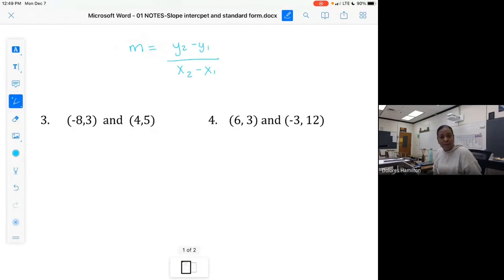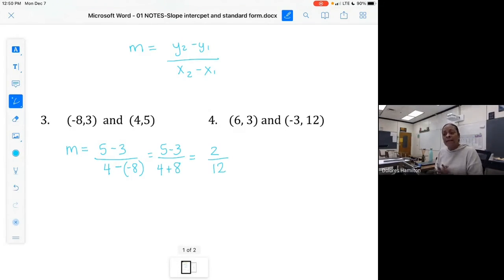We'll need to go back to our slope equation, y2 minus y1 over x2 minus x1. And if I use that for these 2 ordered pairs, we end up with the slope of 5 minus 3 over 4 minus -8. And that cleans up to give us 5 minus 3 over 4 plus 8, which is 2 over 12. And we can reduce that to 1/6.